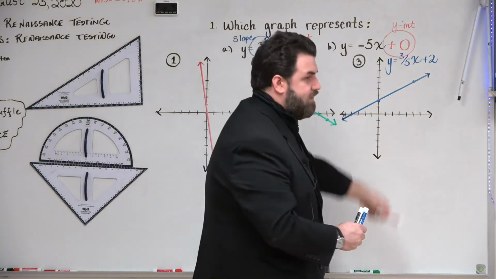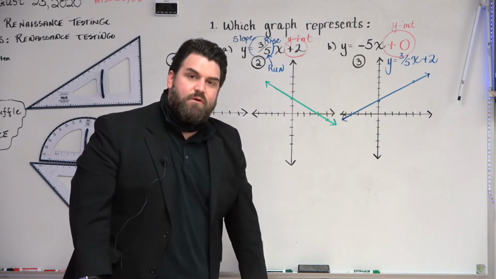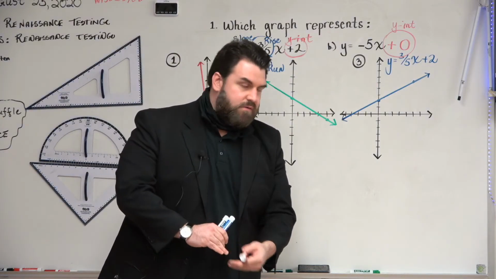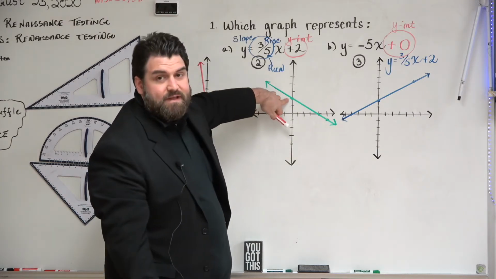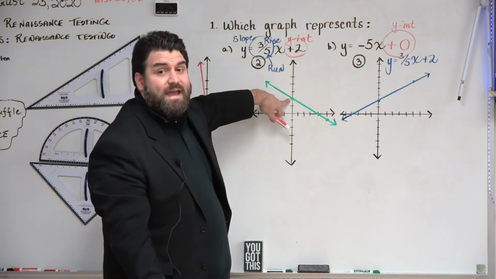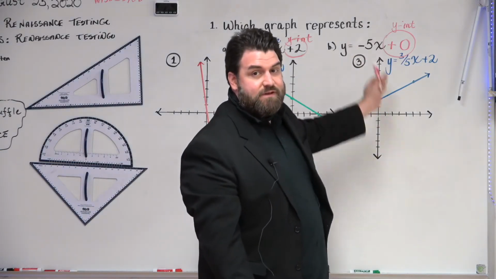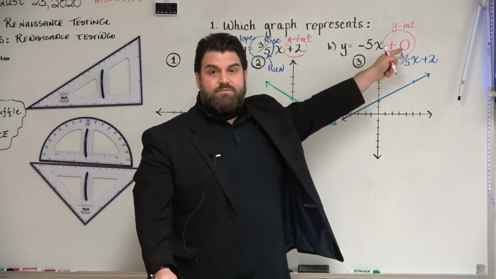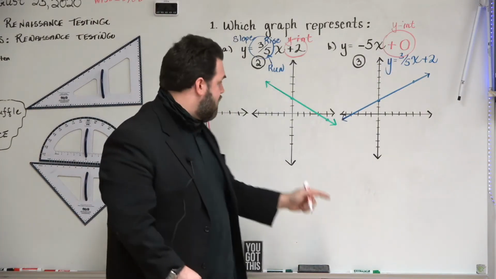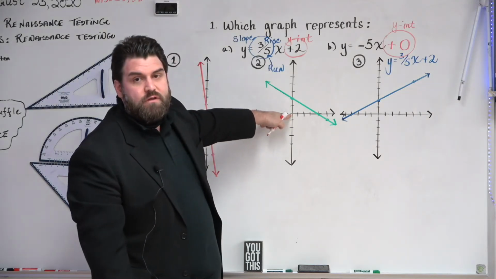So that means we're looking for a graph that crosses the y-axis at 0. So if you look here at this green graph, it crosses the y-axis at positive 2. Over here, this blue graph, it crosses at positive 2. So it can't be y equals negative 5x plus 0, since we need it to cross right there at what some people call the origin.